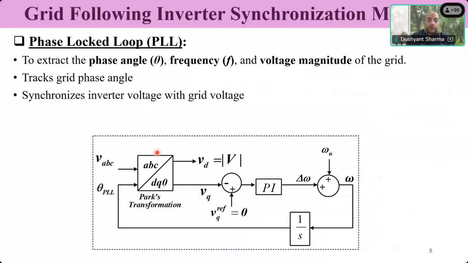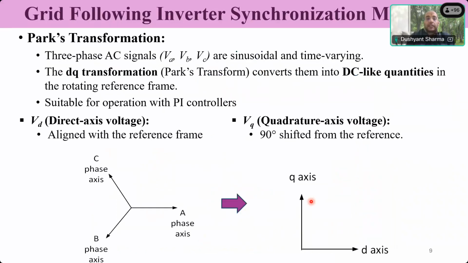A PLL, as we discussed, works like this. It converts ABC to DQ and it tries to maintain the Q axis quantities as 0. Now, D and Q is just a transformation, a mathematical transformation. For example, in simple terms, if I tell you we control the RMS voltage, RMS is just a number.